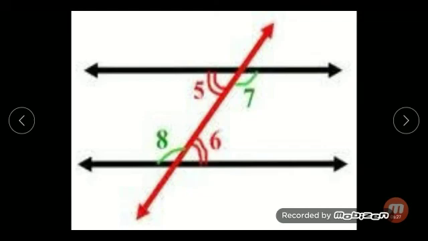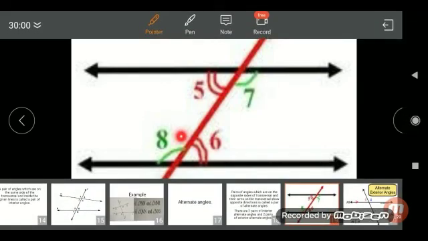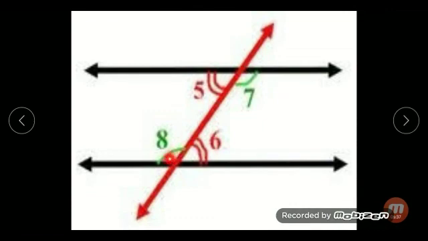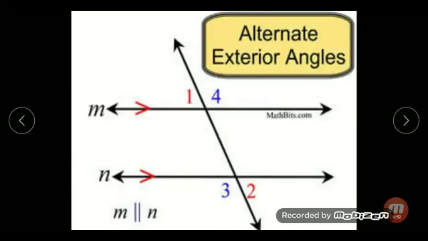Similarly, angle 7 and 8 are on the opposite sides of the transversal, and also the arms on the transversal are in opposite directions. These four angles are inside the lines, therefore they are known as interior alternate angles.